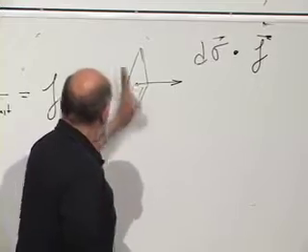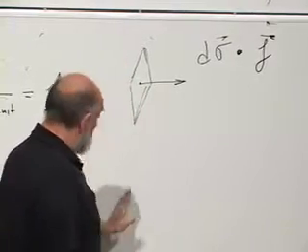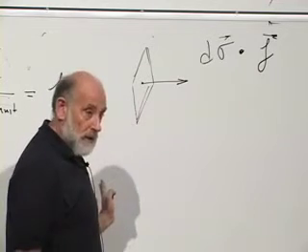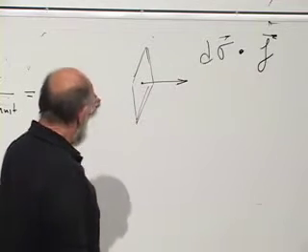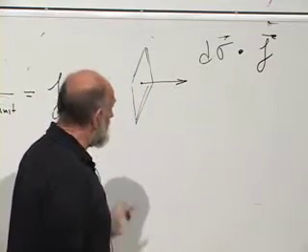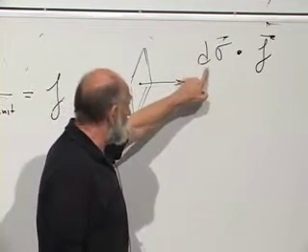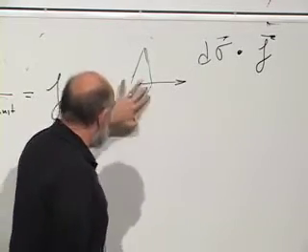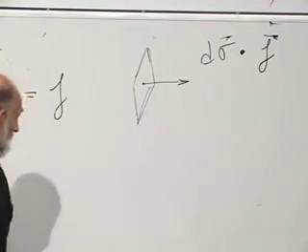So if the current flows along the surface, no current flows from one side to the other. Okay? If the current is flowing perpendicular to the surface, that means it's parallel to d sigma, then you get the full maximum brunt of the flow through the surface element.